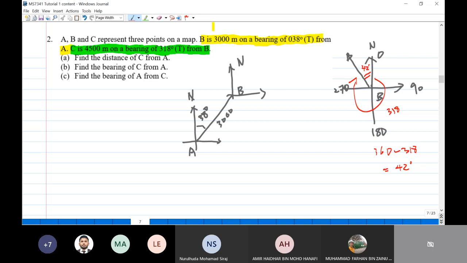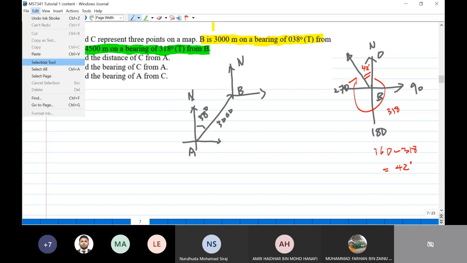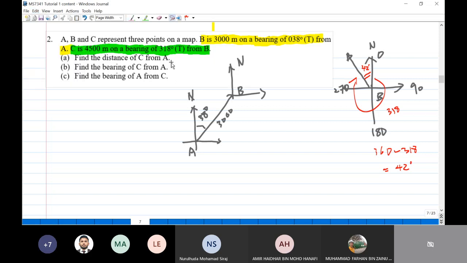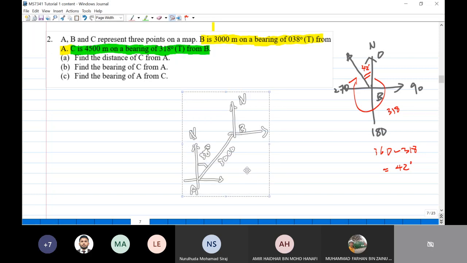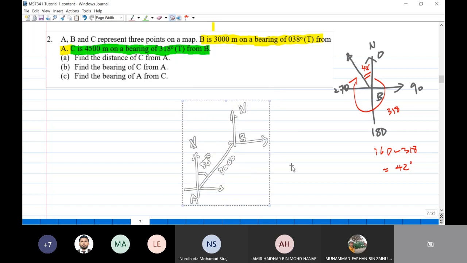Okay, I think the position of my graph is not so good, so I must adjust a little bit. Bring it down a little bit so I have more space, because I need 4,500 meters now.